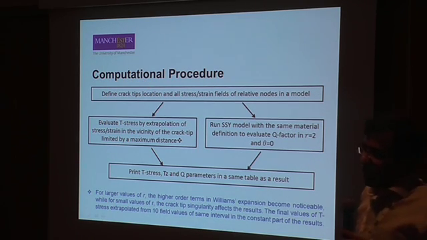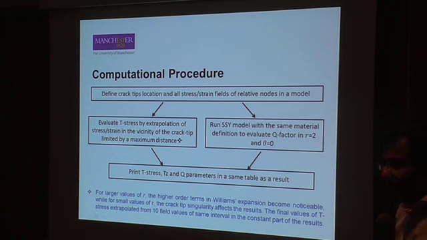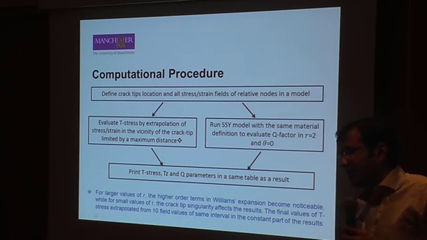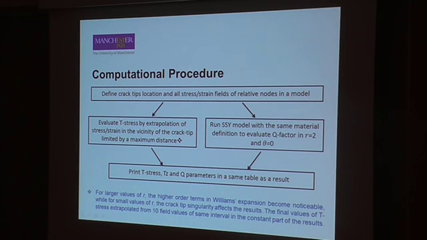For larger values of r, the higher terms of the Williams expansion can be noticeable. When r is equal to 0, we have the effect of singularity. So for this issue, I calculated the first element attached to the crack tip as the distance.